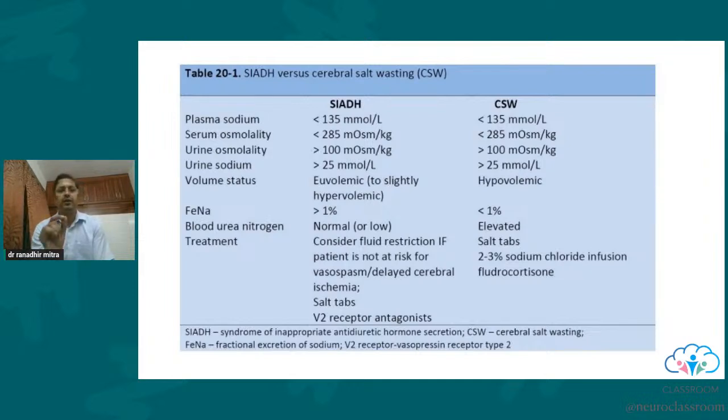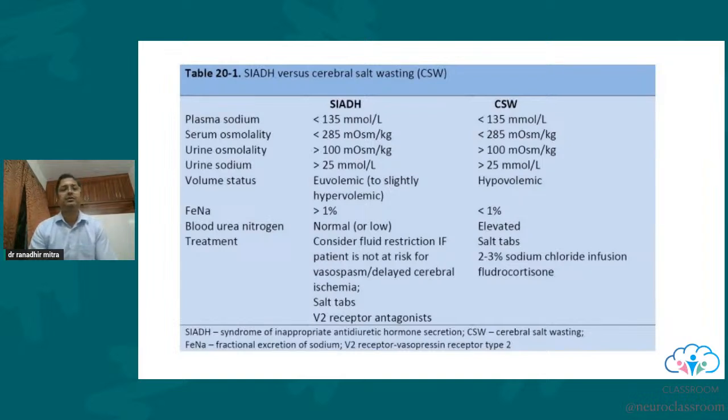But remember, the only things that can distinguish cerebral salt wasting and SIAD are, one, volume, and secondly, a history of loss of volume preceding the onset of hyponatremia. There should be a history of volume loss, and you can objectively show that there is a volume loss. These are the only two things.